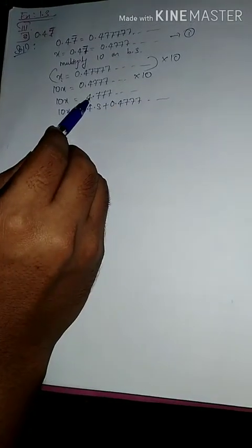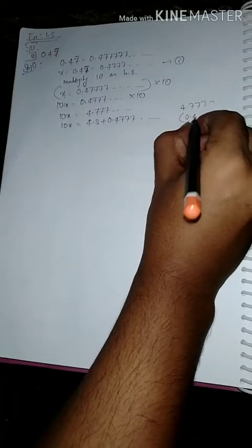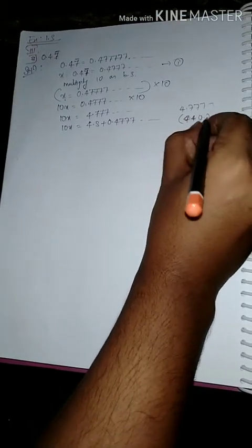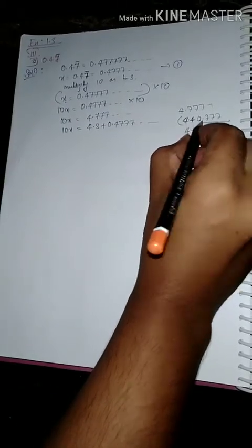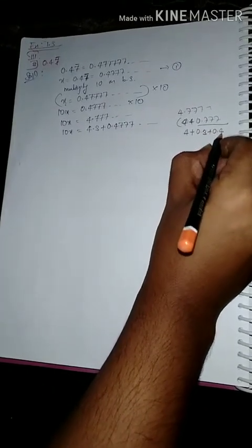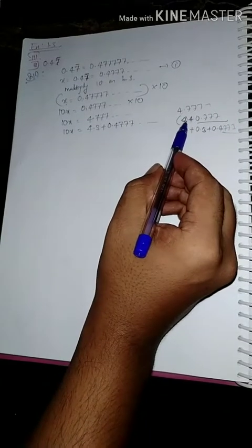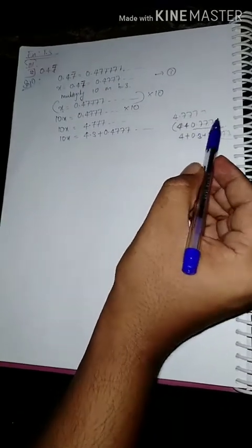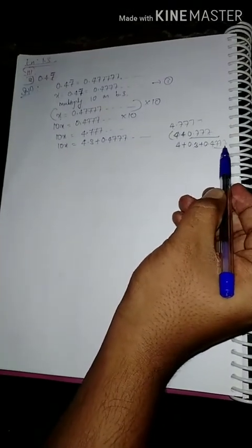See here, students, 4.777 is first split as 4 plus 0.777, and again 0.777 is split as 0.3 plus 0.4777.